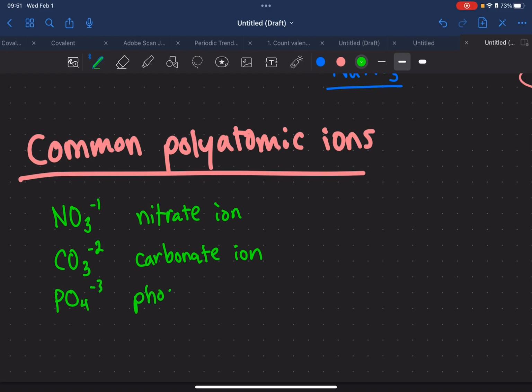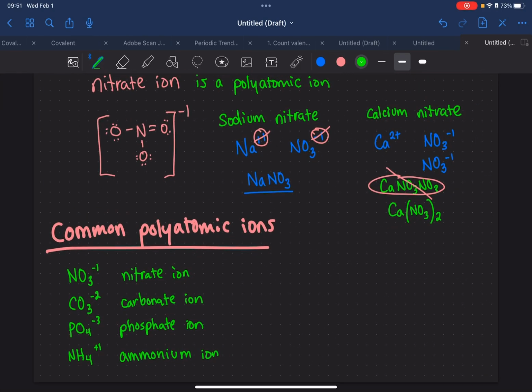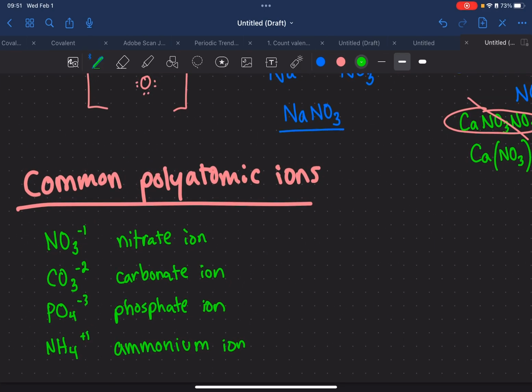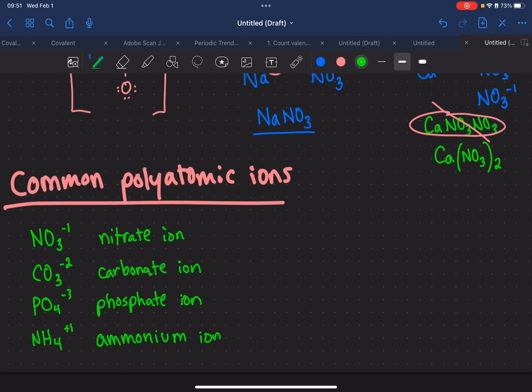This is a phosphate ion. And the last one that I want you to write down for now is NH4 plus 1. This is a polyatomic ion with a positive charge. And this is called ammonium. It's called an ammonium ion. And there we go. Those are the 4 that we're going to be working with in our examples today.